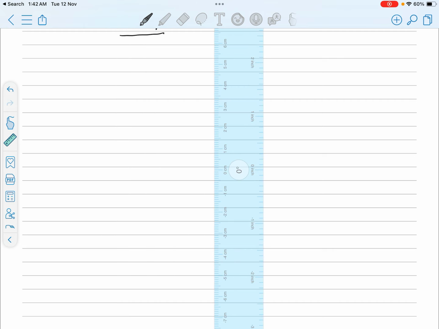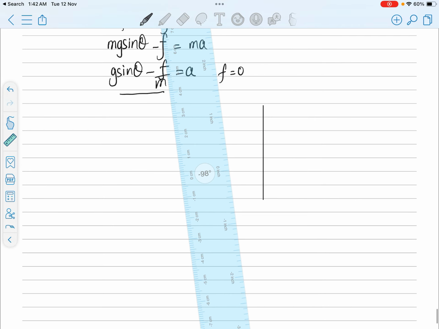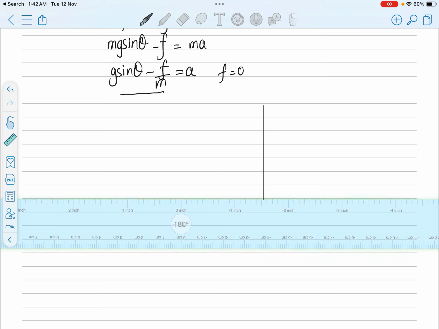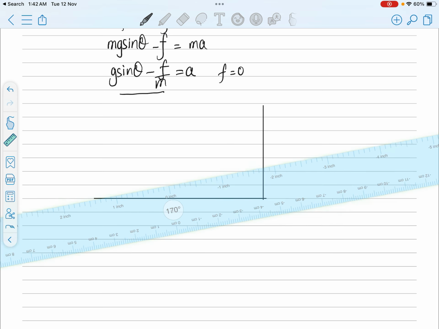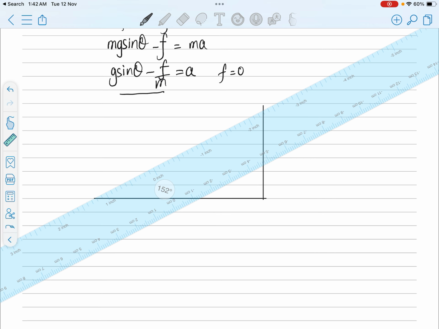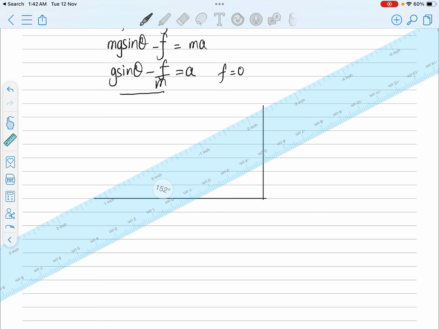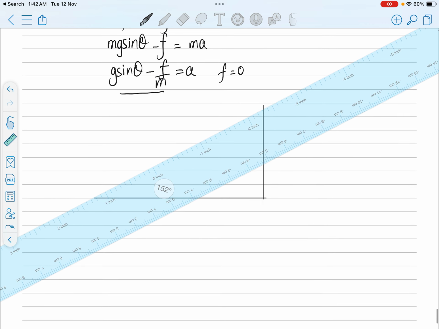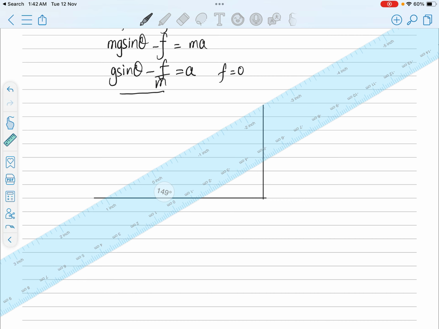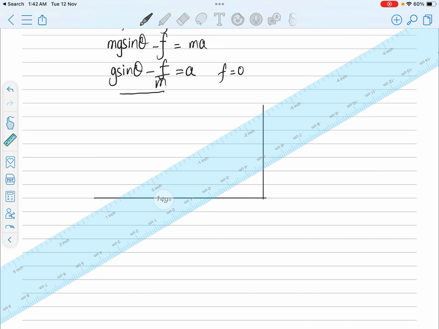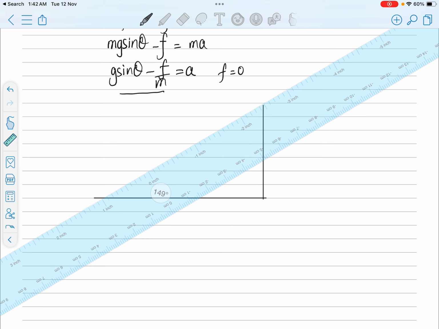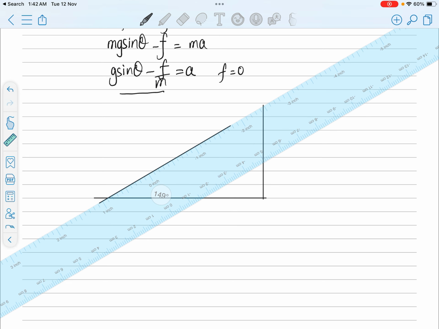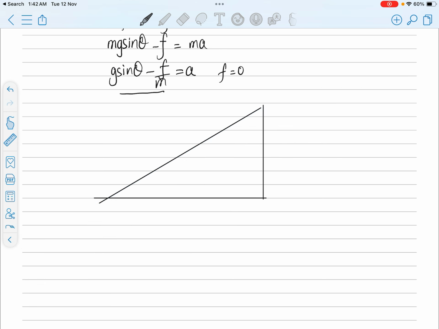Now we will look at our last scenario, when the body is being pulled up by a rope. This is angle theta, this is 90.